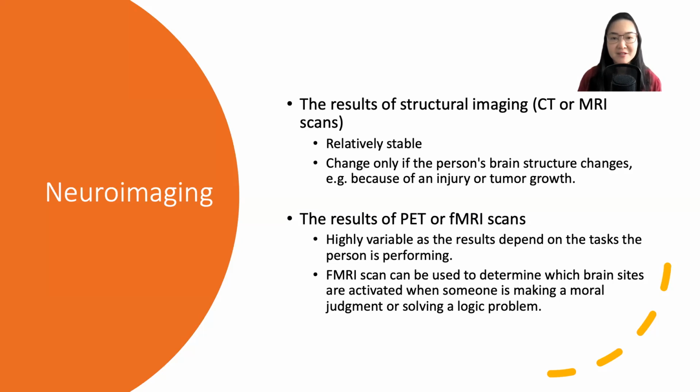On the other hand, the results of PET or fMRI scans are highly variable, as the results depend on the task the person is performing. An fMRI scan can be used to determine which brain sites are activated when someone is making a moral judgment or solving a logic problem.